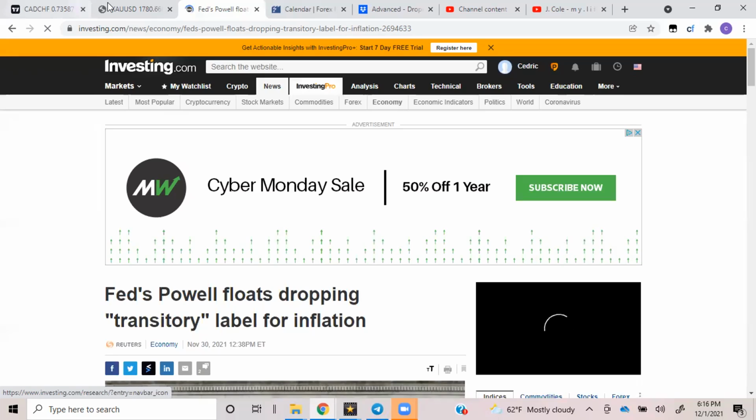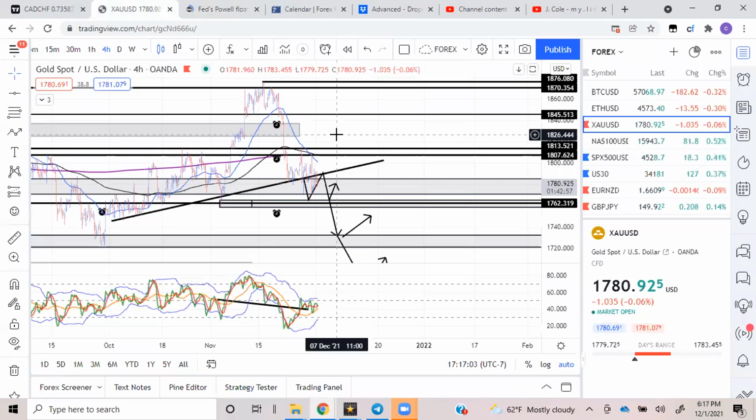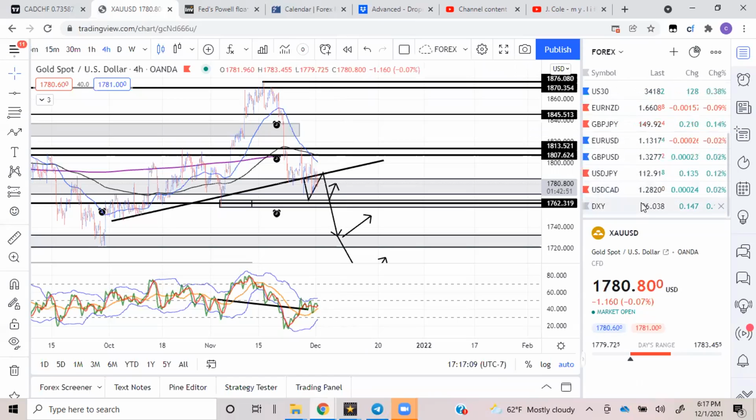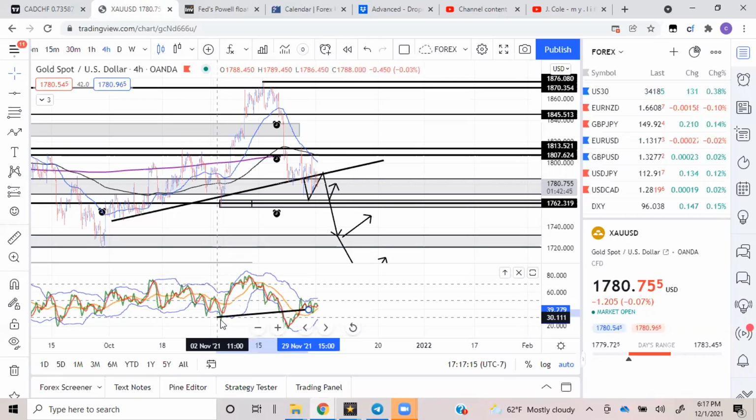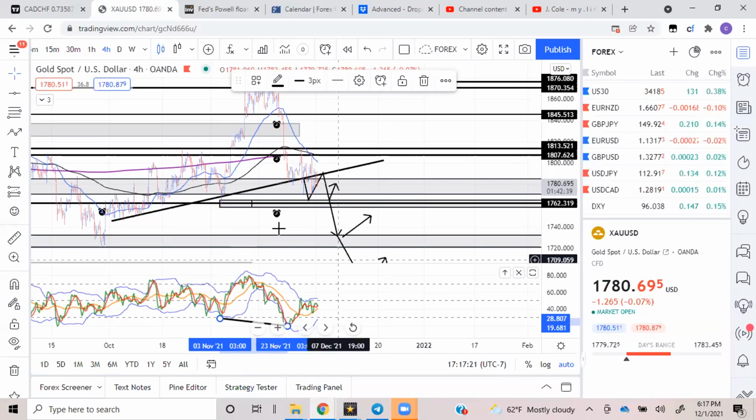So we're still dealing with that with the US economy, but that's how you can basically use the market to give you an indication of how news may go. And then the news will just confirm the direction. Like I said, use the news to give you direction, and then use your technicals to give you an entry.